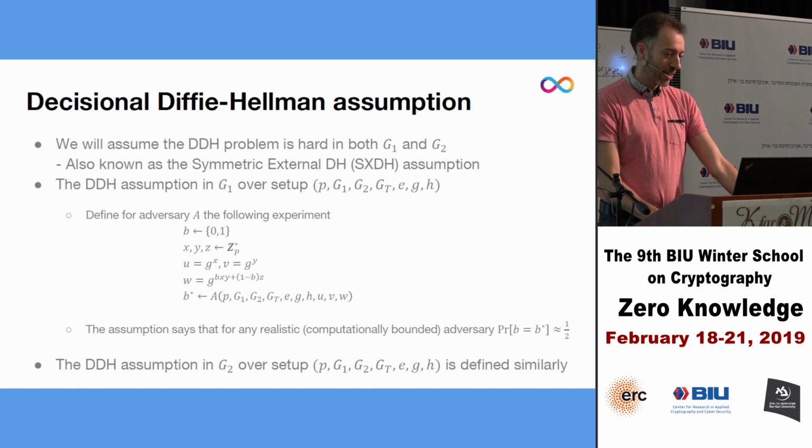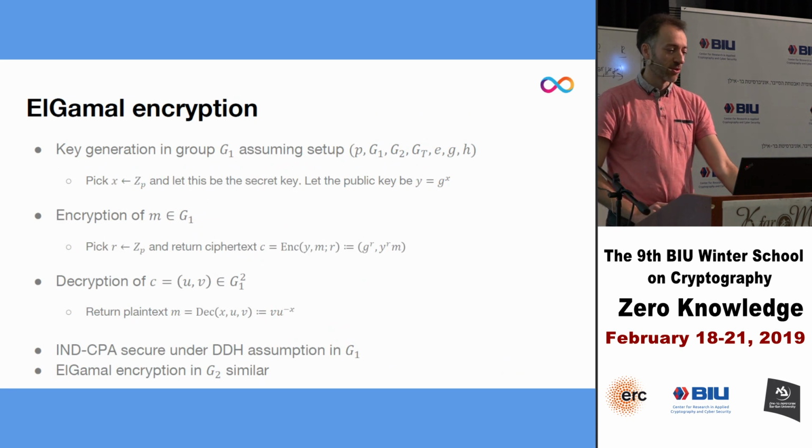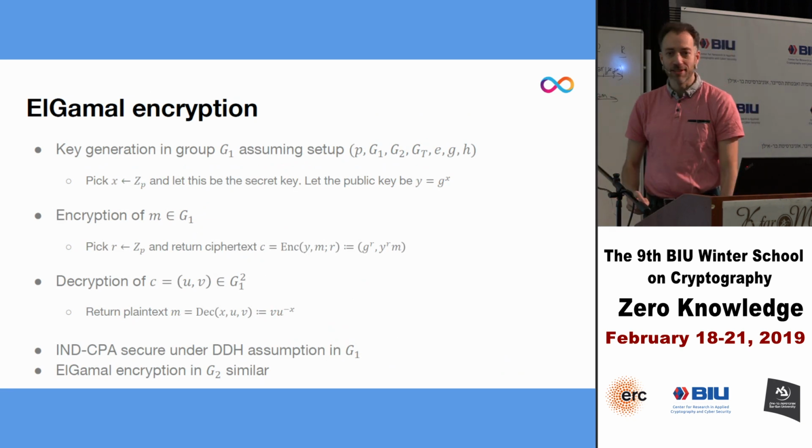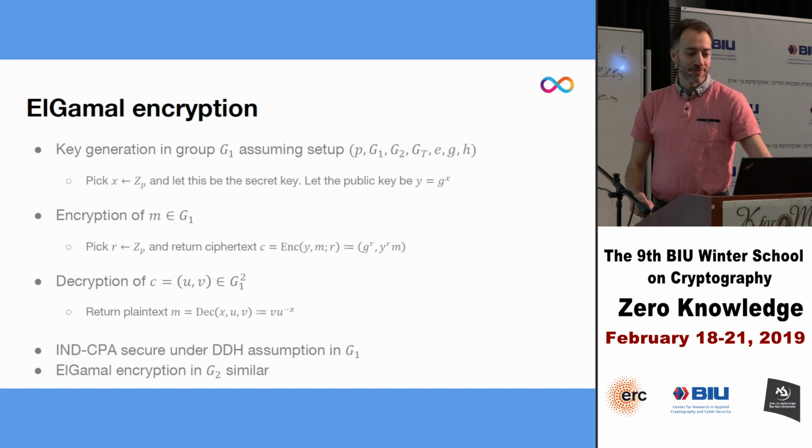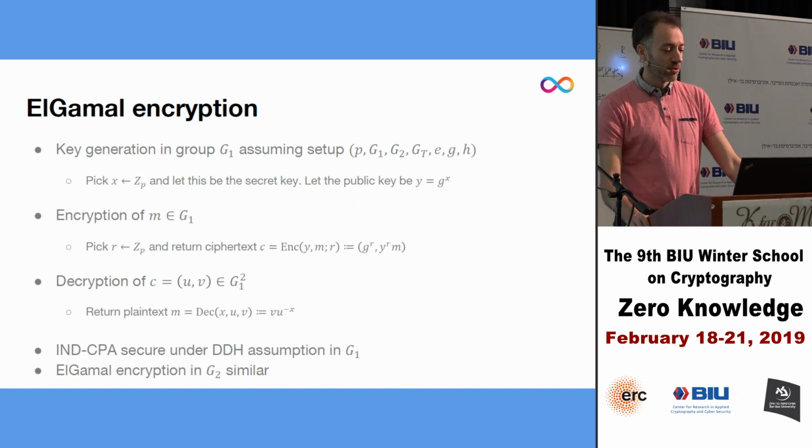And why will I assume that? Well, of course, one of the things we want to do is ElGamal encryption, right? So the setting here is that we generate a public key, y, which is g raised to some secret exponent x, and x is then the secret key.